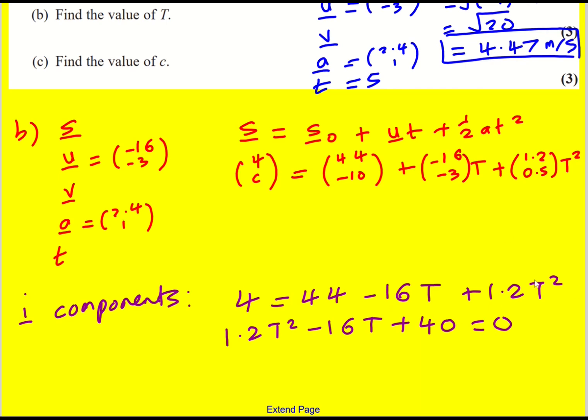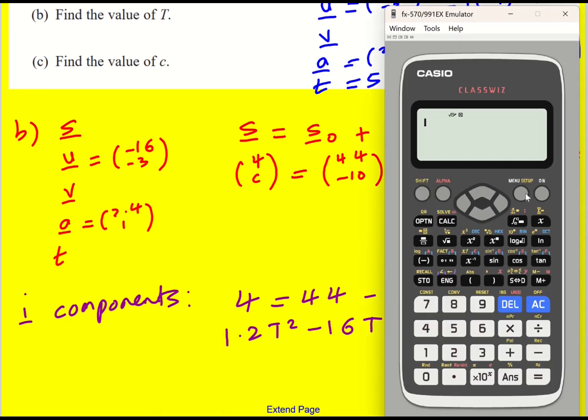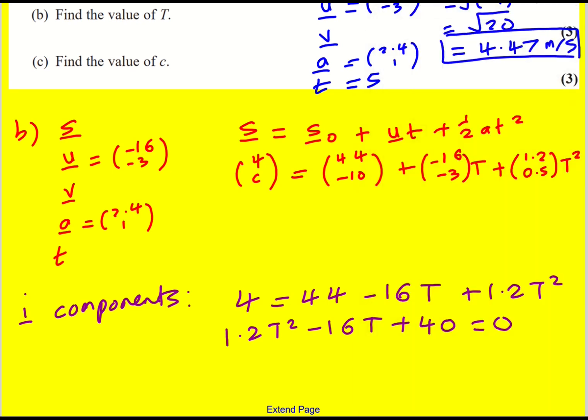And in this mechanics question, don't start trying to factorize it or multiplying so that it factorizes. It does in fact factorize, but let's just put it in the quadratic formula: 1.2, minus 16, and 40. This gives us 10 and 10 over 3, 3.3 recurring.